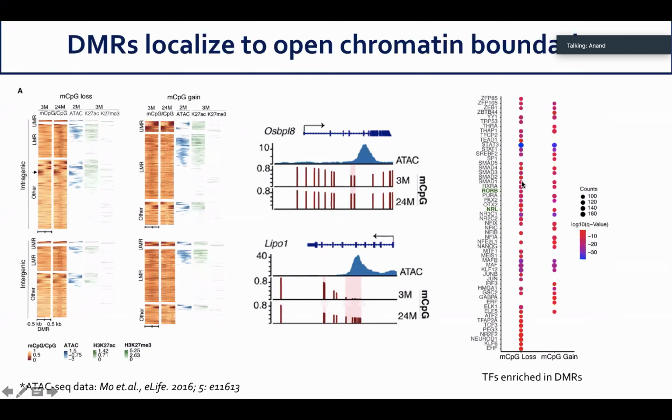But look at these transcription factors here. There is a loss and gain, and sometimes you'll find a gene where there's both loss and gain in the same gene, but in different places. And the implications of that have to be validated.